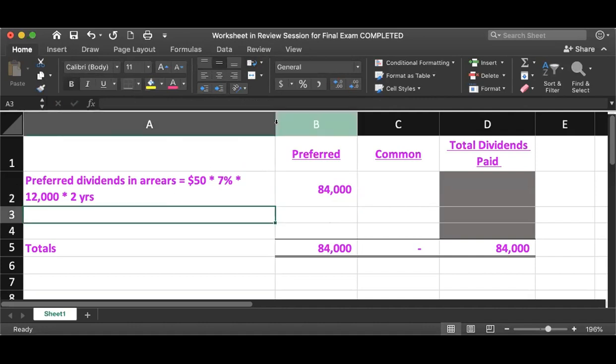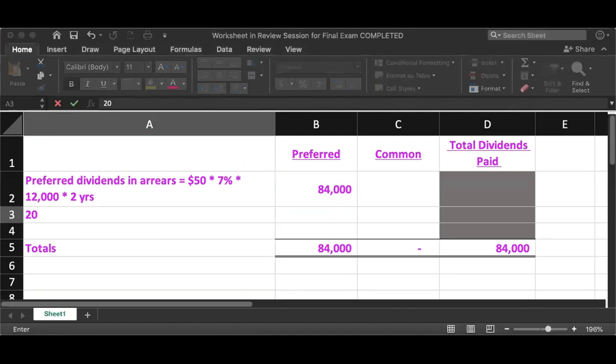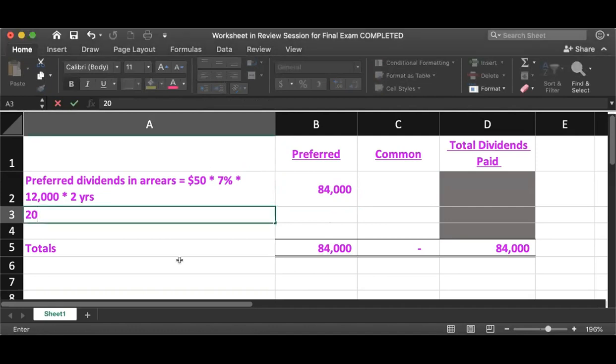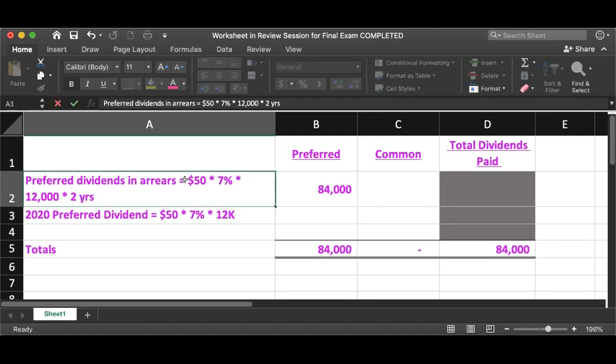Then the 2020 preferred dividend is equal to $50 times 7% times 12,000. No more 2 years because this is only for 2020. The arrearages were for 2019 and 2018.